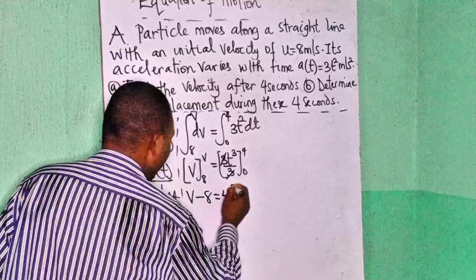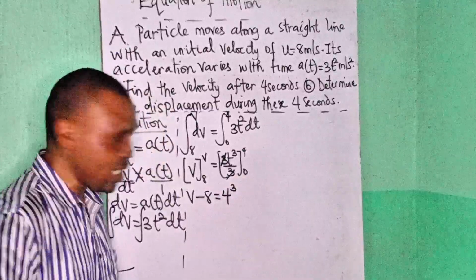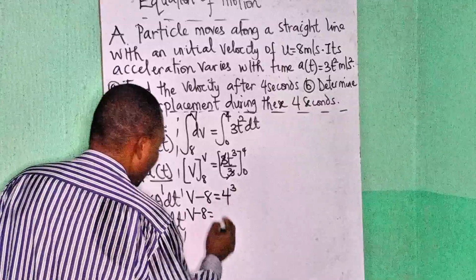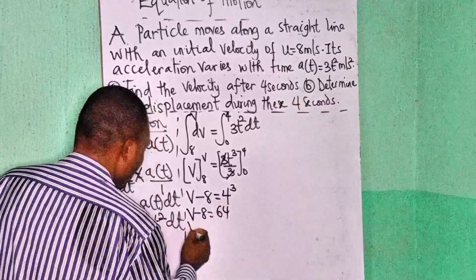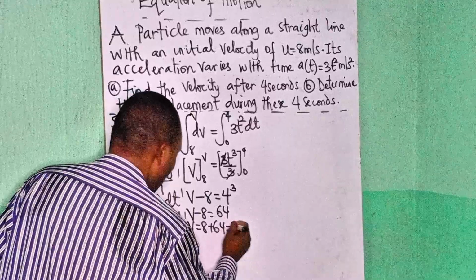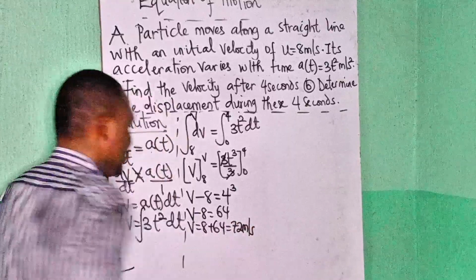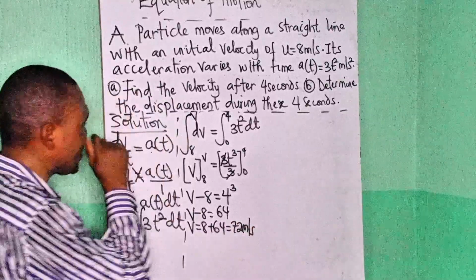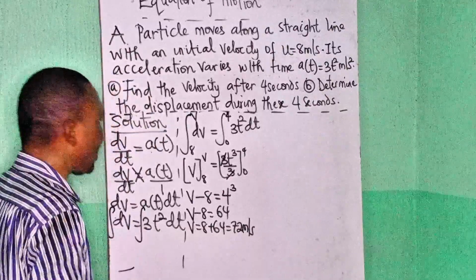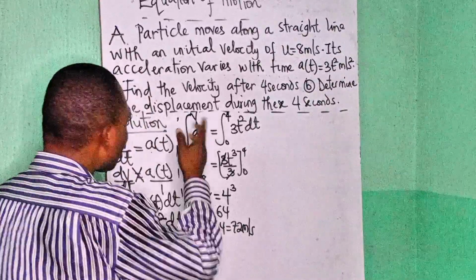So I'm having 4 raised to the power of 3. So at the end of the day, I'm having v minus 8 is equal to 64. So v equals 8 plus 64, and that is 72 meters per second. So our velocity after 4 seconds is 72 meters per second.